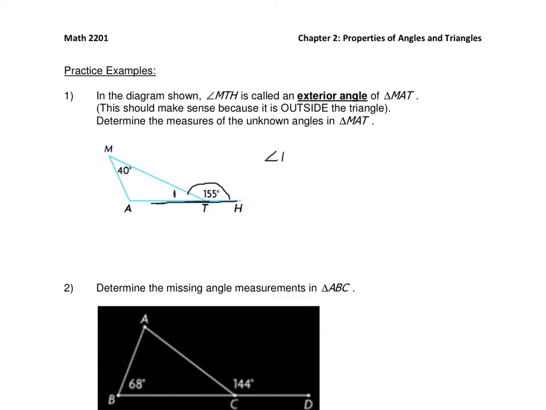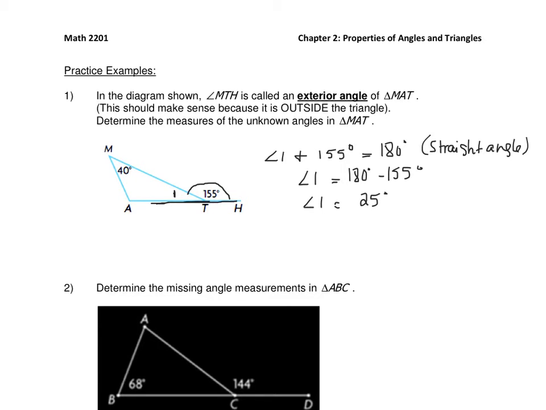So angle 1 plus 155 degrees has to add up to 180 degrees because it's a straight angle. Therefore, angle 1 has to be 180 minus 155 degrees, which is 25 degrees.